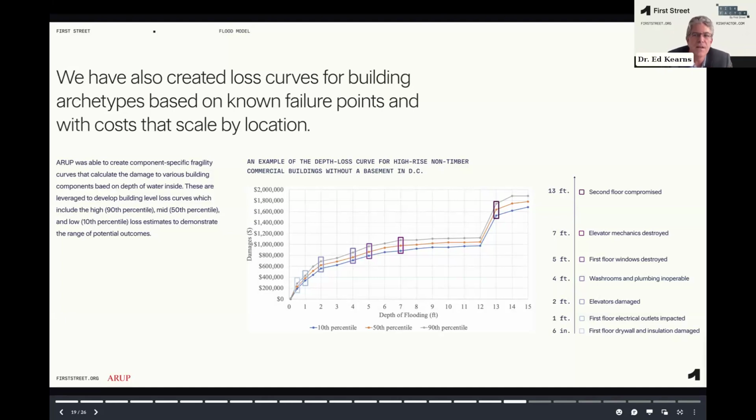They've got the full range of archetypes, and so we can assess every building against their first principles engineering estimates of losses and add those up. Arup also provides a 10th and 90th percentile, as well as the median estimate of what those costs are. So we can also project some uncertainties around those costs to repair or replace following a flood.